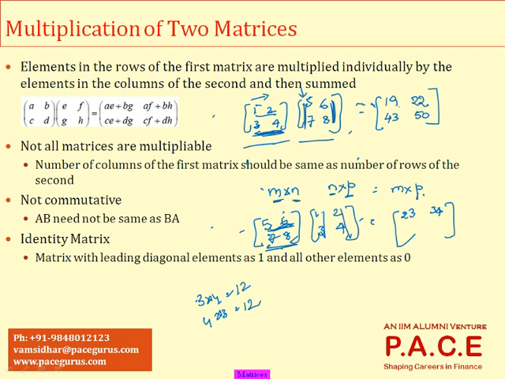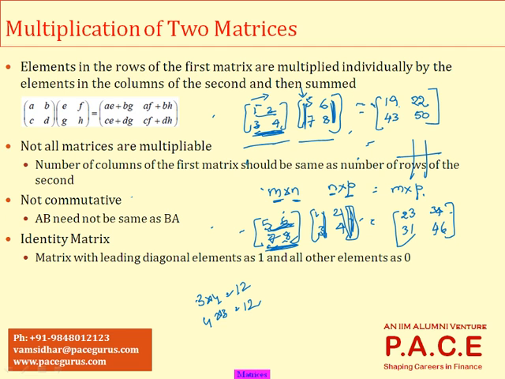Second row, first column: 7 and 8 3s 24. 31 is the value here. Then second row, second column: 7 2s 14, 8 4s 32. 32 plus 14, 46. You see, all four values are different. So this matrix is not the same as this matrix.